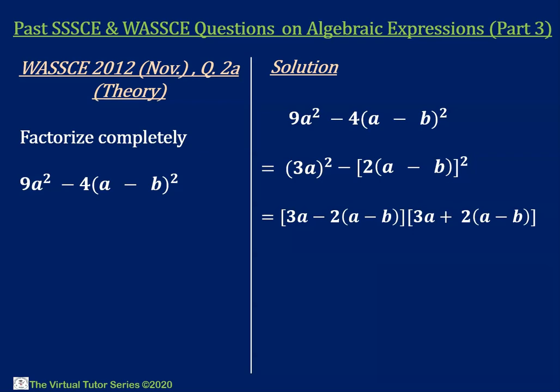Removing brackets, we have negative 2 times a to be negative 2a, and negative 2 times negative b to be 2b. So the first group produces (3a − 2a + 2b).